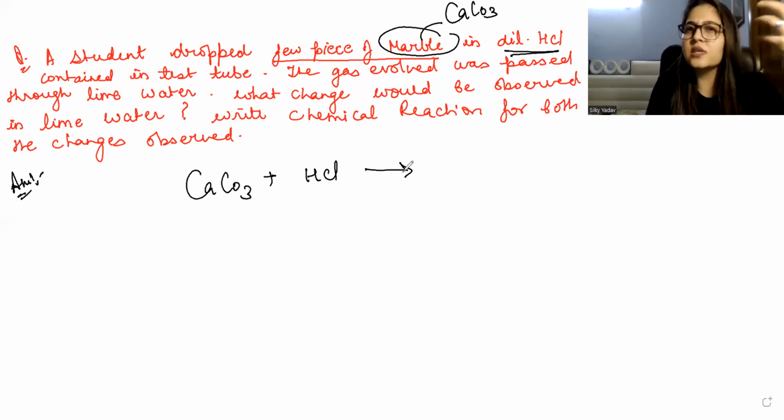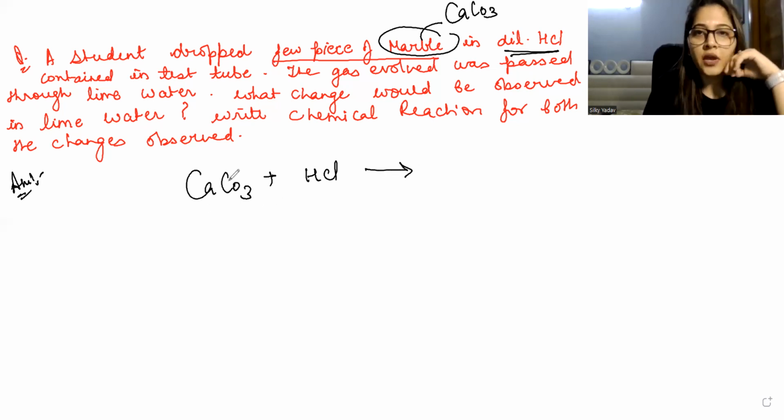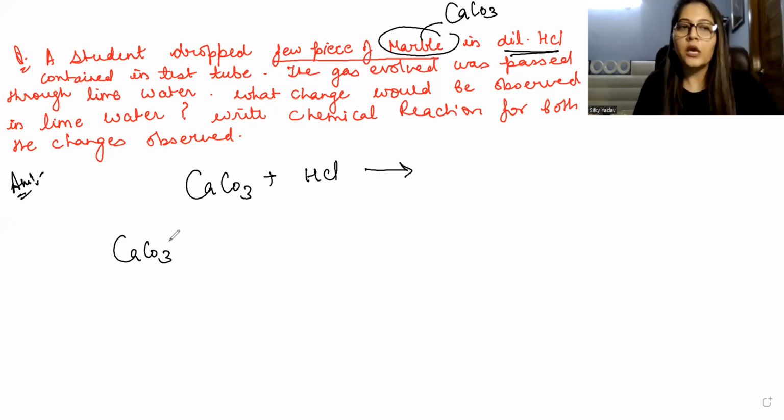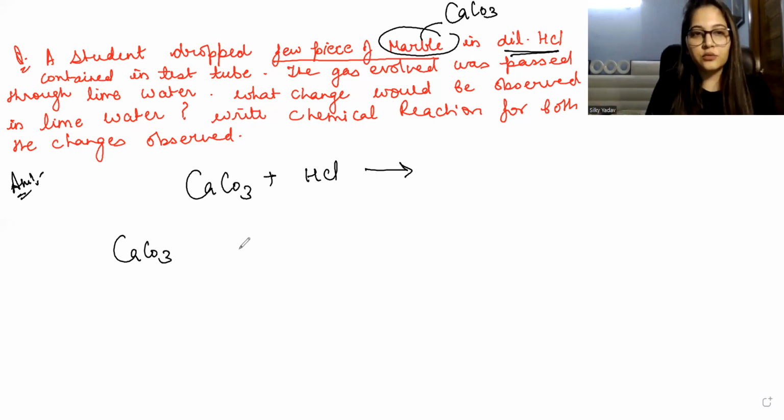Let's see first which gas is evolved. If we are adding calcium carbonate in HCl, like I was telling you in one video, whenever you have CO3 on the reactant side, one thing is for sure that will be on the product side: CO2. So this is always going to give CO2.